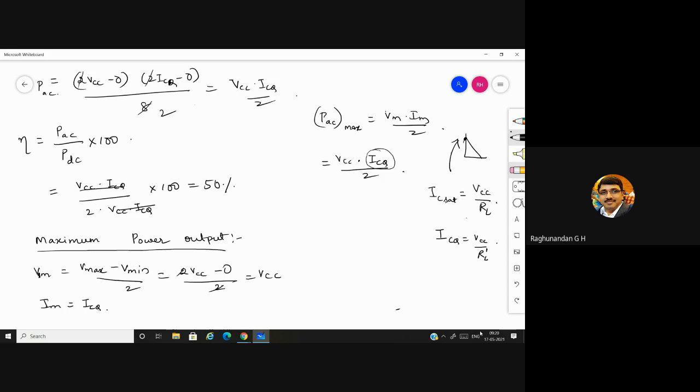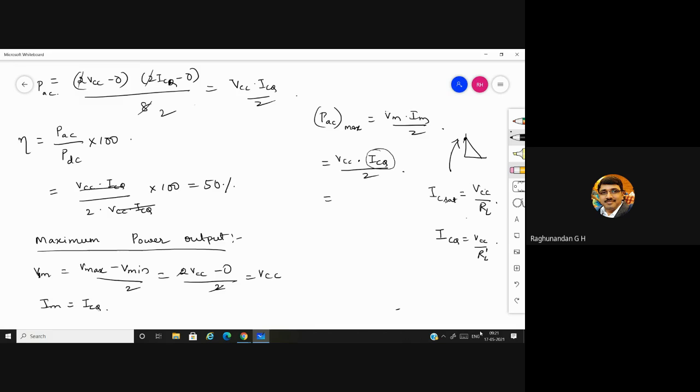So for DC supply, we have to consider the resistance across the primary only. We cannot consider the resistance across the secondary, because DC is flowing through the primary coil of the transformer. I repeat: if IC saturation is VCC by RL, then ICQ, the quiescent collector current, will be VCC by RL dash. Why RL dash? Because the DC is only supplied at the primary of the transformer.